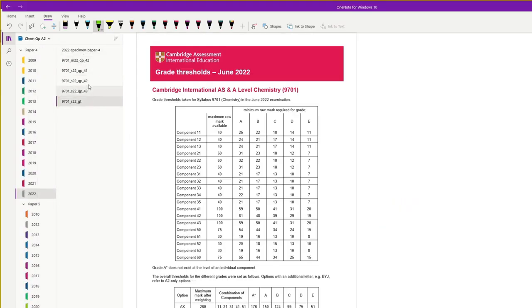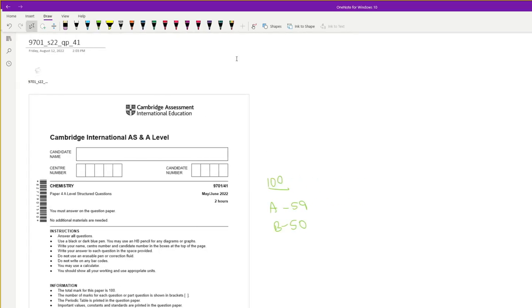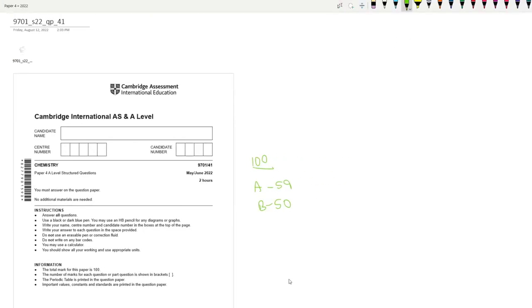And what else? C was at 41. 41, 31, 20. So this was the threshold.